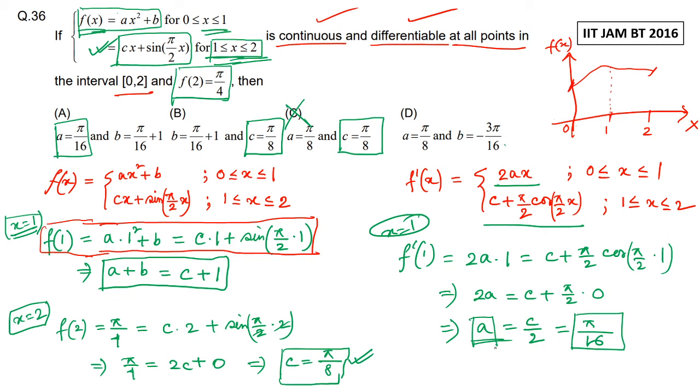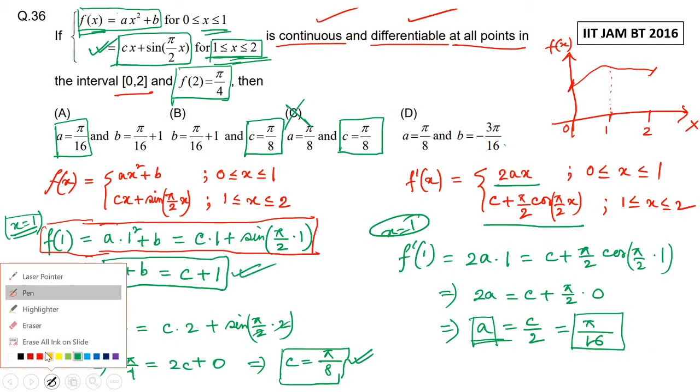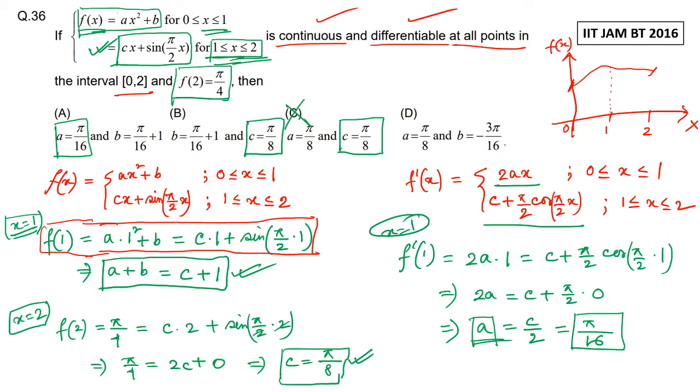Now let us check for B. So from where we can get it? From here we can get it, right? So let us put the value of A and C here. Okay, so we get B equal c plus 1 minus a, that is equal pi by 8 plus 1 minus pi by 16, that is equal to pi by 16 plus 1.